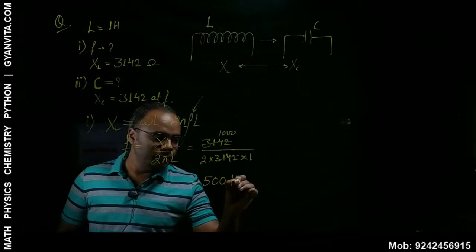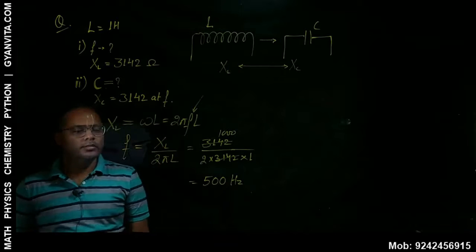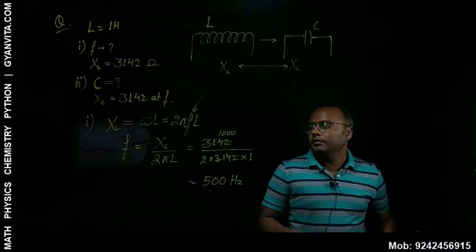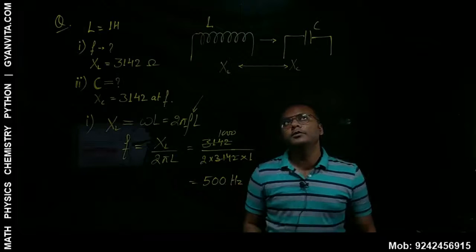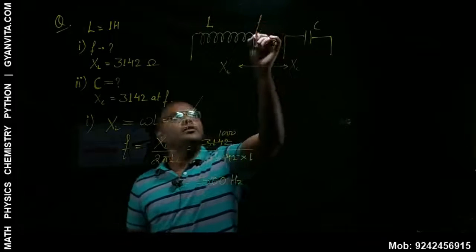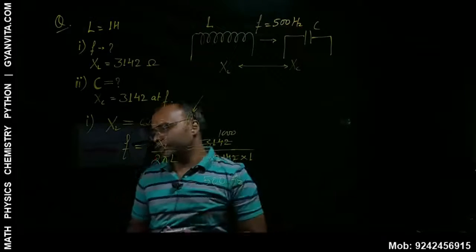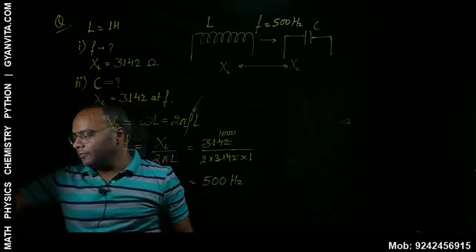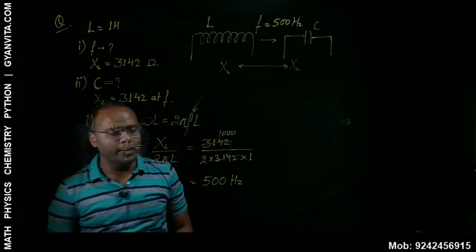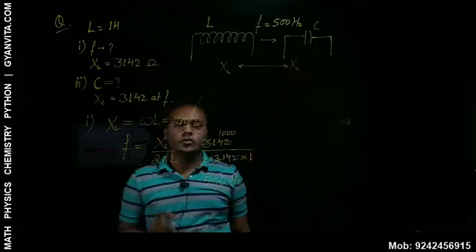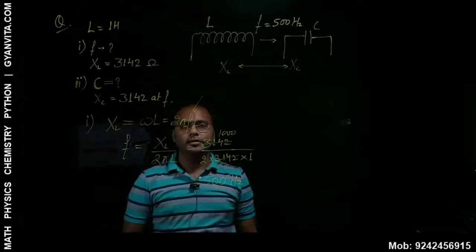And the unit here will be hertz. So you have got your answer for the first part: the frequency here is equal to 500 hertz. Now that we have the frequency, we have to find the C so that it has the same reactance.